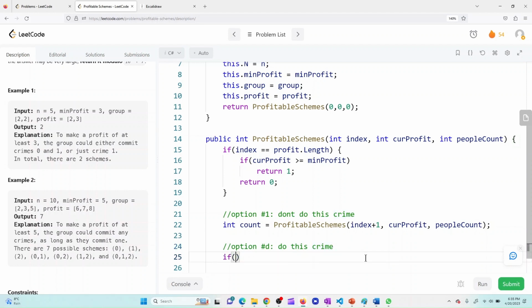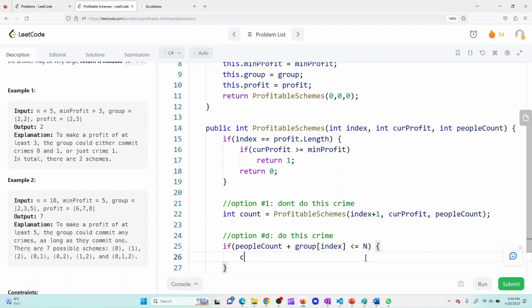So that means if the people that I have already used plus the number of people required for this crime is less than or equal to n, that is the total number of people, and if yes, then let's do it and make a profit. So then you go to the next one, which is index plus 1.